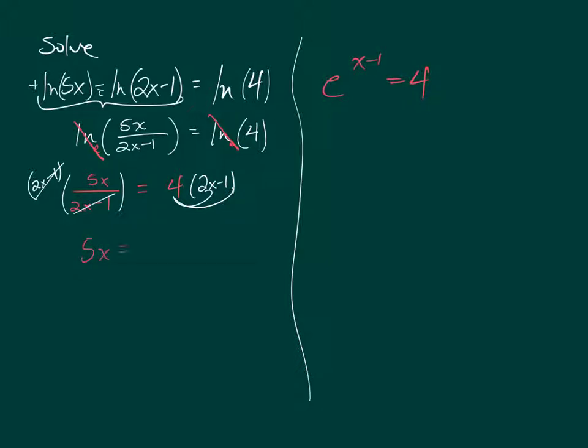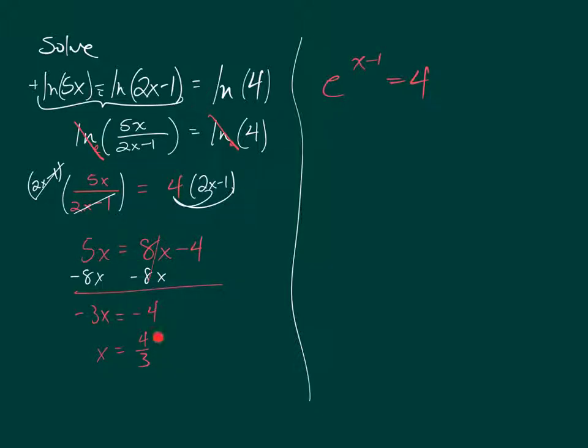So this is 5x equals 8x minus 4. So I can go ahead and finish solving this log equation by subtracting 8x and then getting negative 3x equals negative 4, and then dividing both sides by negative 3 to get x equals 4/3.